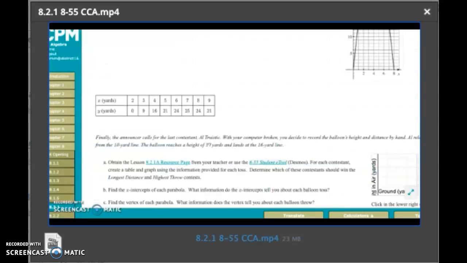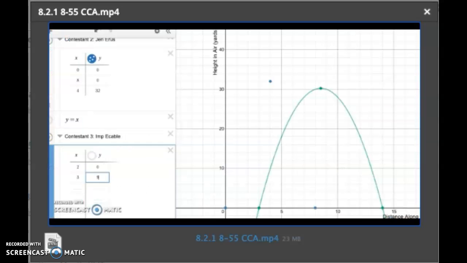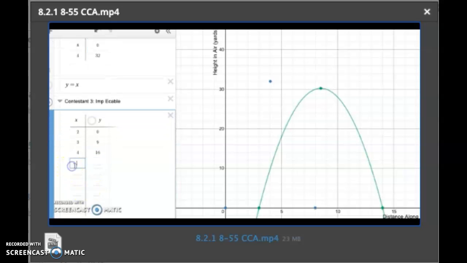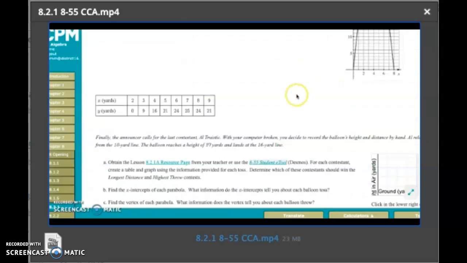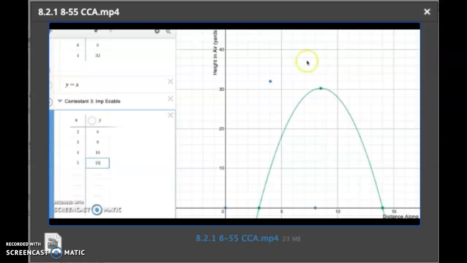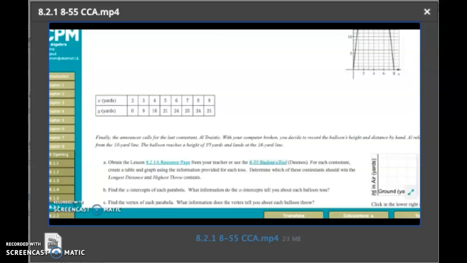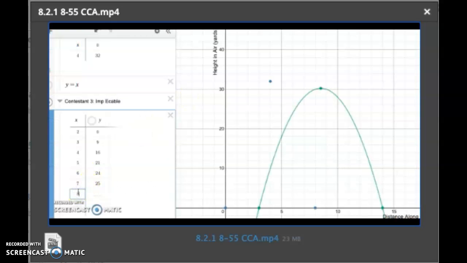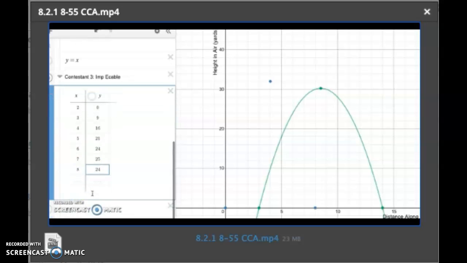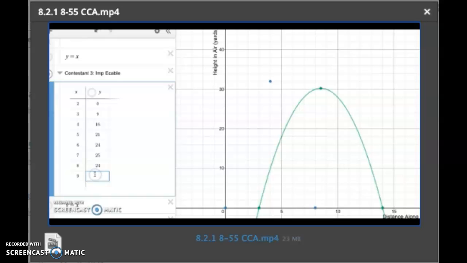Over here, double check I got that right. (2, 0), (3, 9), (4, 16), (5, 21), (6, 24), (7, 25), (8, 24), (9, 21). All right, go ahead and get those points graphed.